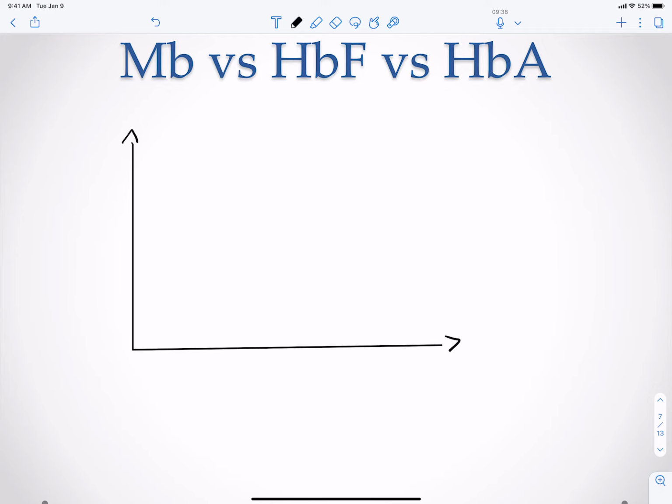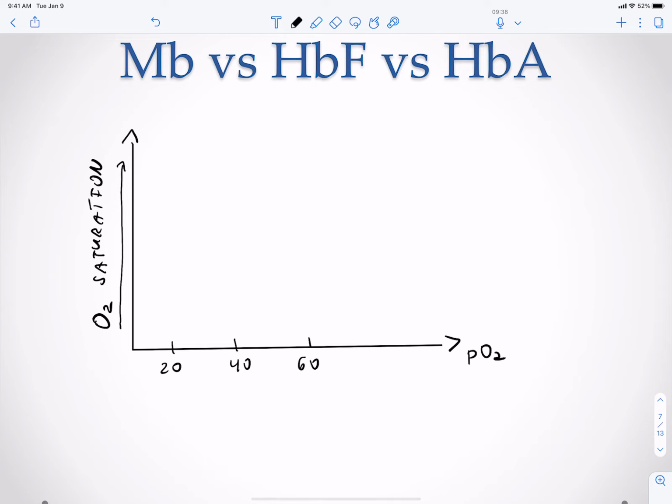So first we have O2 saturation on the y-axis. And so this is going to be increasing as shown by the arrow. And then on the x-axis, we have the pressure of oxygen, which also is increasing. So we have them in increments of 20. So we have 20, 40, 60, 80, and 100.